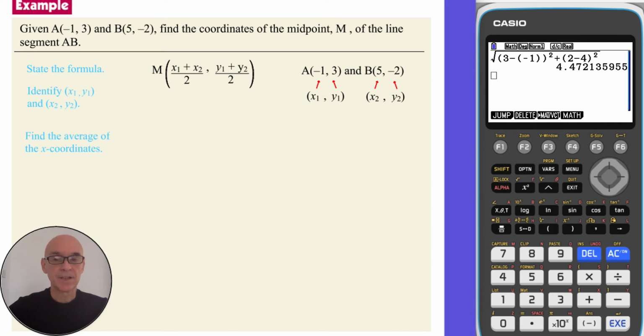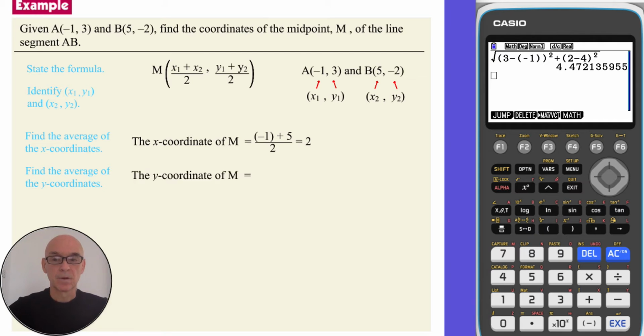Then if we find the average of the x-coordinates by adding -1 and 5 and dividing by 2, giving a value of 2. Doing the same for the y-coordinates, giving a result of a half, or 0.5. Therefore, the midpoint M of AB has coordinates 2, a half.